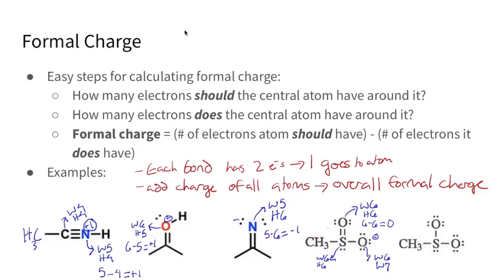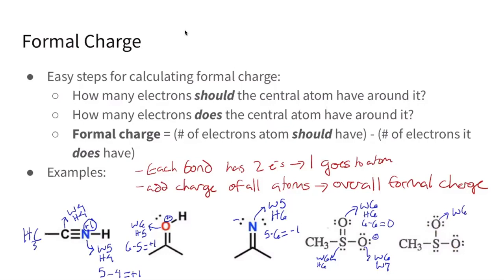Now moving on to our very last formal charge example. We're going to go ahead and count. We're only going to do 1 oxygen because in this molecule, the 2 oxygens basically have the same configuration. They both have 3 lone pairs and 1 bond. So oxygen wants to have 6 electrons.